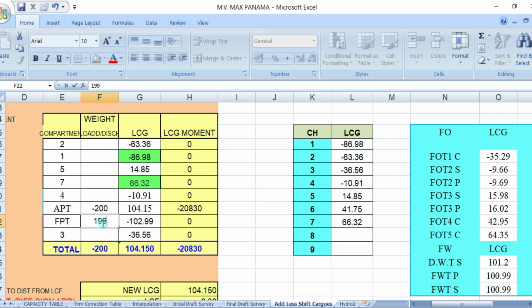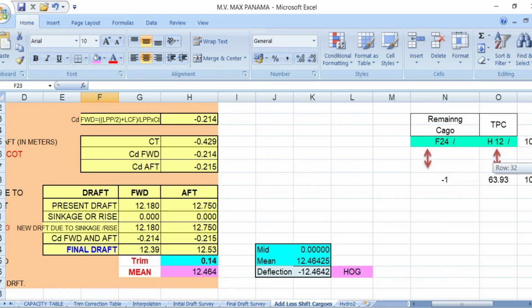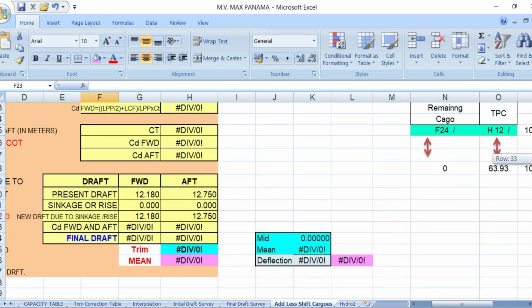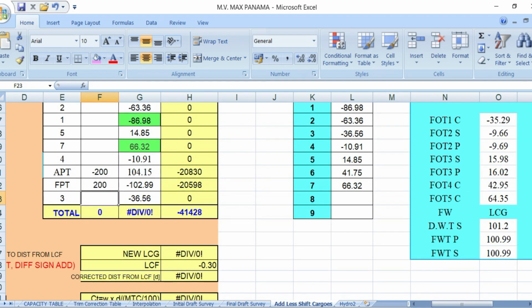So just put 199, because if you put 199 you have the right figures, but if you put the exact figure of 200, there's no reading. See, so we just put 199. Okay, so you pump out 200 metric tons in Afterpeak. After completion of this pump out, then you pump in 199 or 200 metric tons in Forepeak tank.